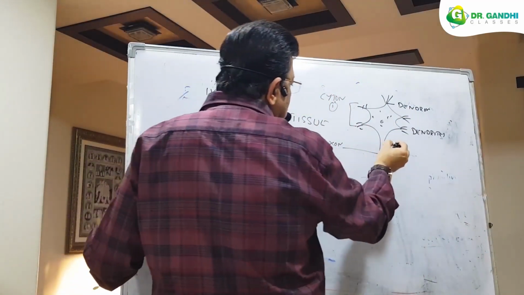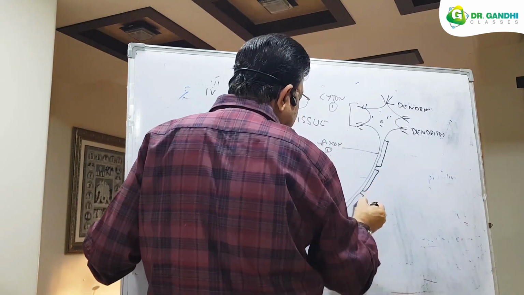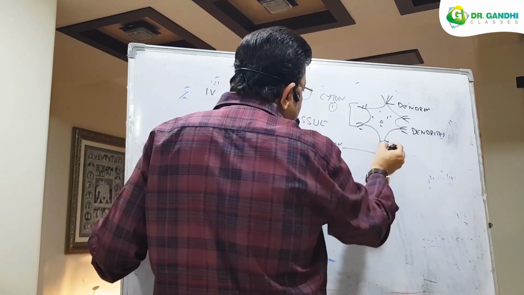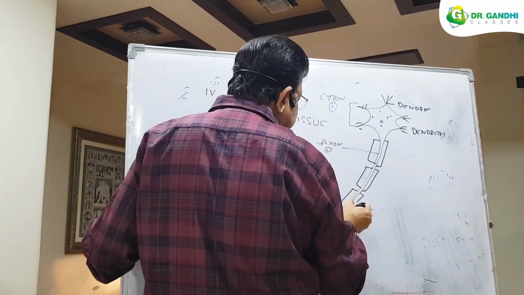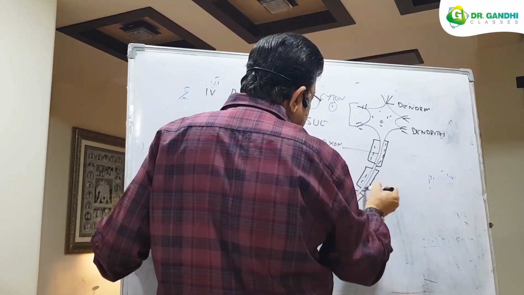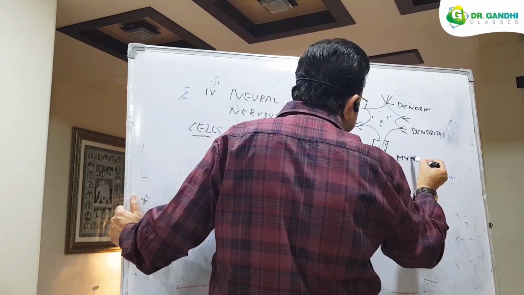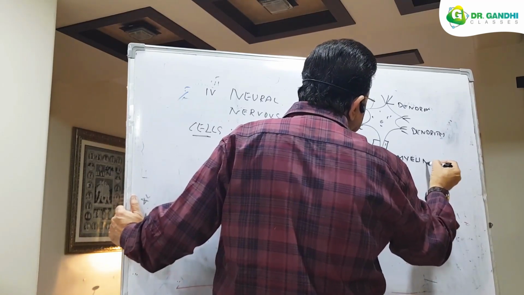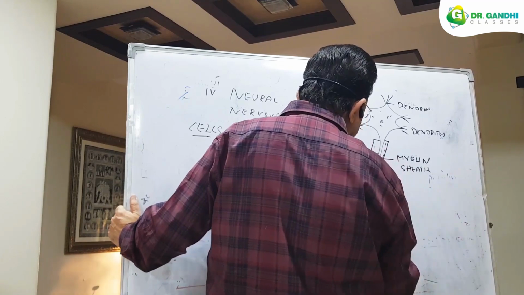Next, the axon is protected by a sheath known as myelin sheath. So you can see there is a sheath protecting the axon. The myelin sheath is not continuous.